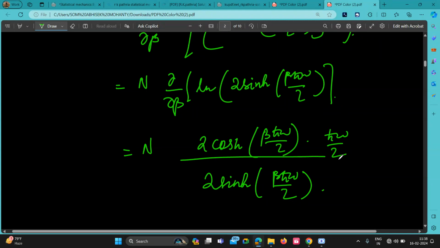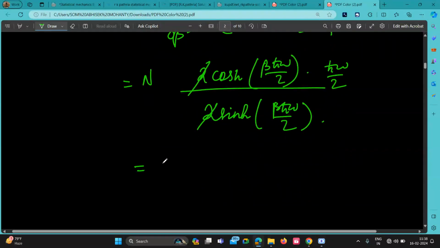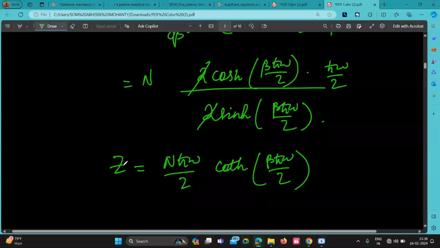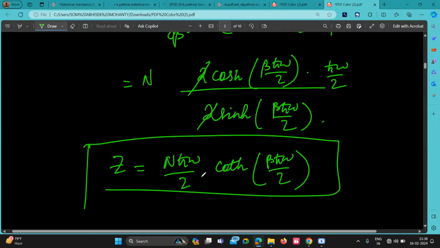Is it all right? So the 2s will be cancelled. So this cosh by sinh will be your coth. So n h squared omega by 2 coth(beta h squared omega by 2). Is that all right? Okay.